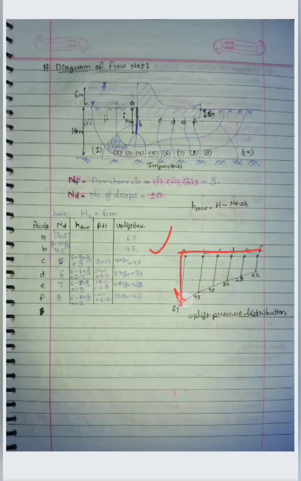Like at A the uplift pressure is 67, at B the uplift pressure is 43. Similarly for every point we get a curve. This curve is called uplift pressure distribution curve.